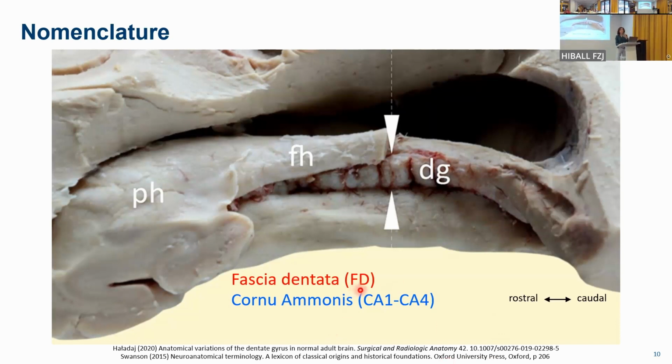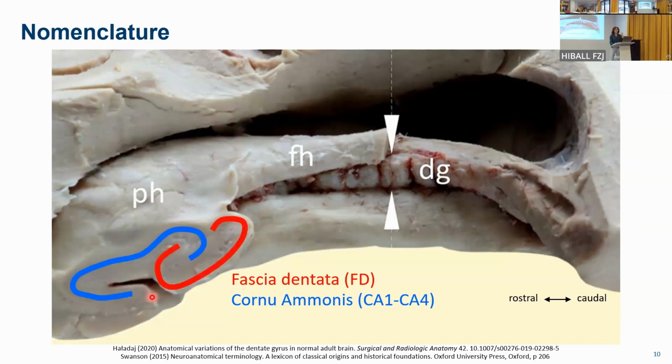And to make the structures that we want to see more visible, the frontal part of the hippocampus, where we had the foot of the hippocampus, the pes hippocampi, has been slightly cut away. Okay, and here it is possible to see the two main structures that form the hippocampus proper.